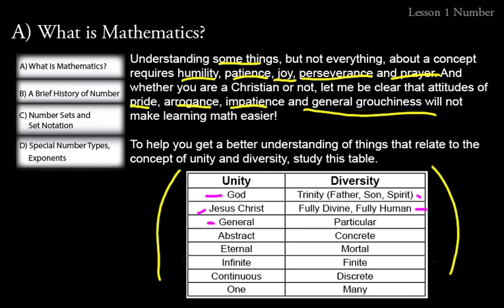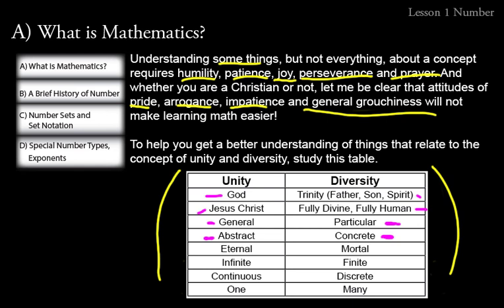The general is related to unity. Diversity is particular instances. Abstract and concrete. Again, concrete examples of things, not like the material concrete, but real examples is what that means. So abstract are kind of like the idea, concrete are specific examples.